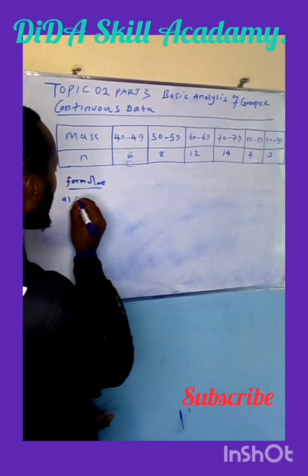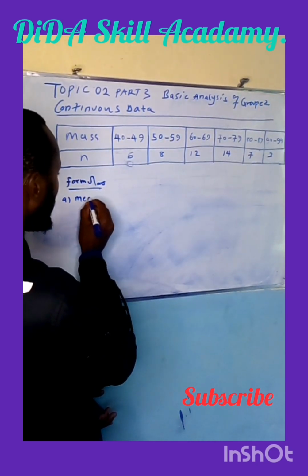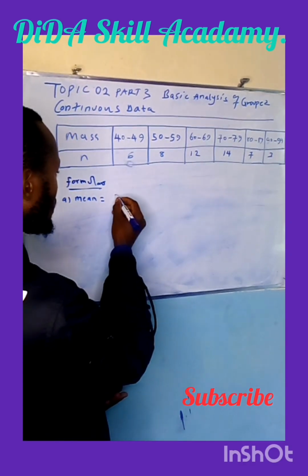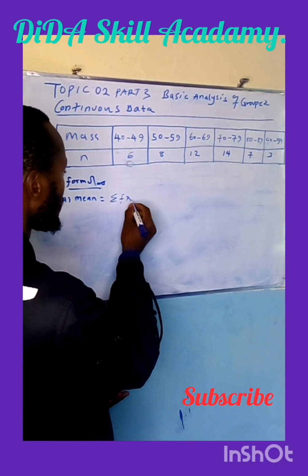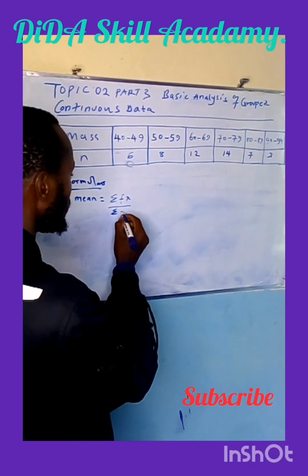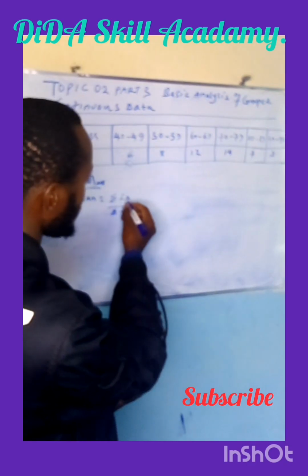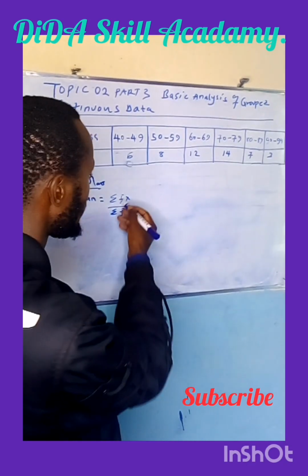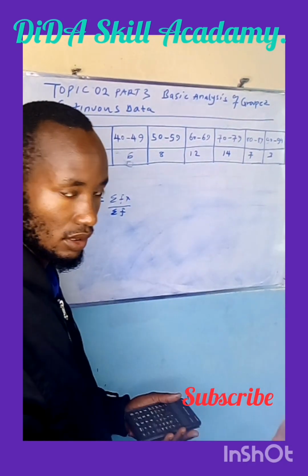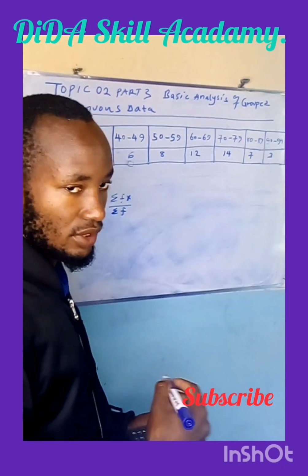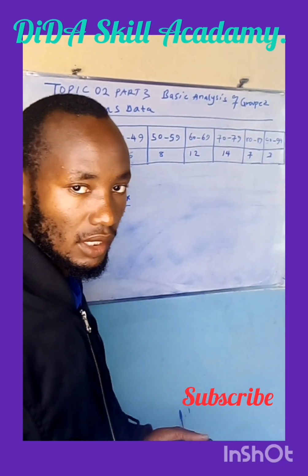For A, we have the mean. The mean is calculated by getting the summation of fx divided by the summation of f. What does the summation of fx mean? f is the frequency, and x is the average of each class interval.